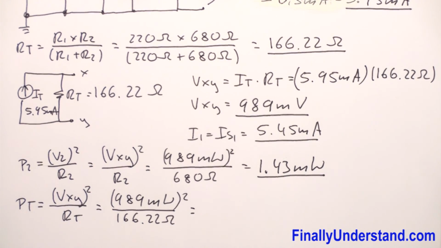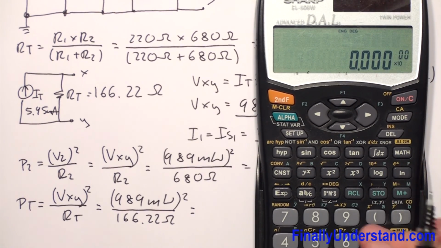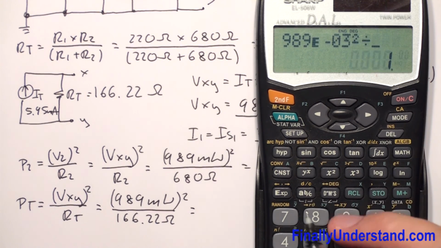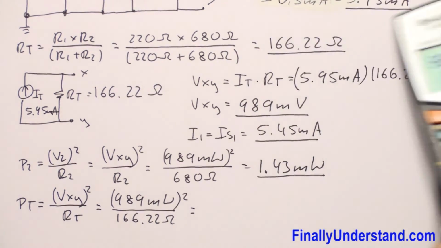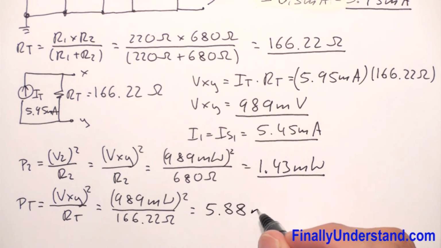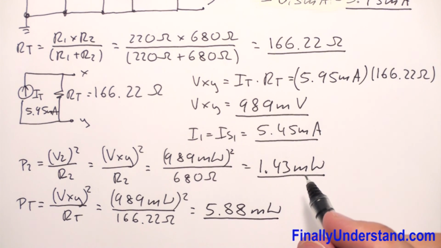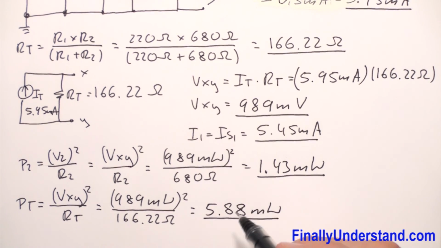This is equal to 989 exponent 3 negative to the second power divided by 166.22, which is equal to 5.88 milliwatts. So we found VXY, we found I1, we found P2, we found P total. Okay, so we can say that the problem is solved.